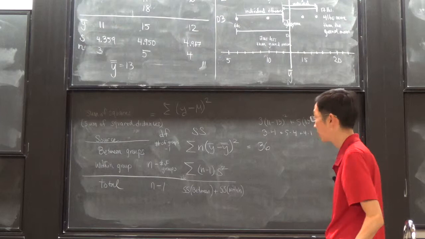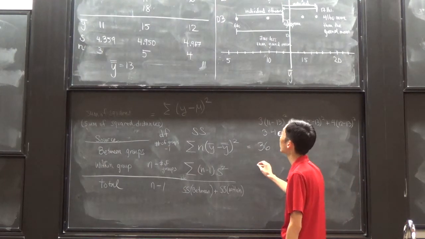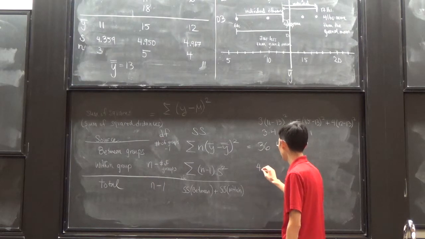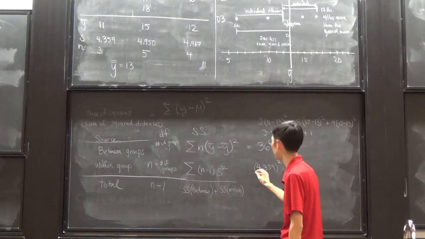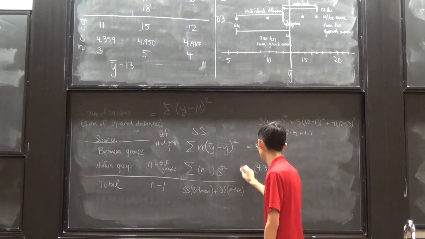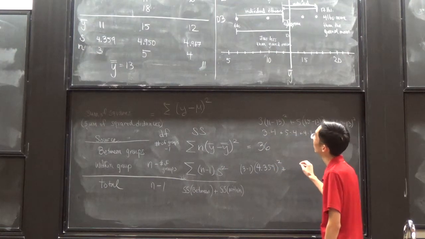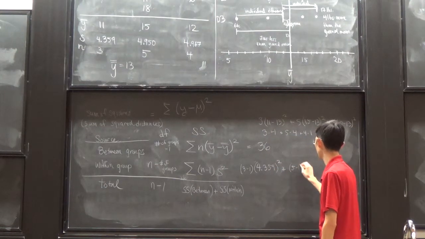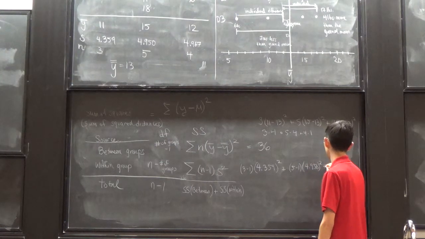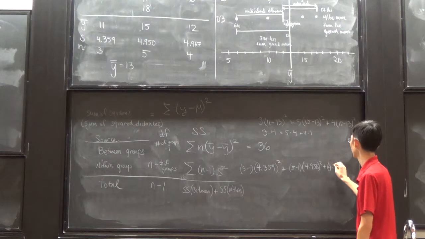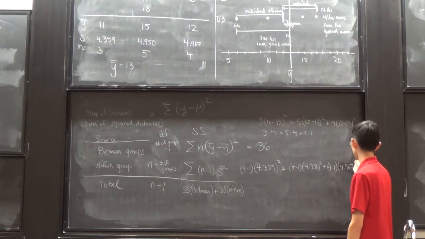And as for the within group, I would do 4.359 squared times n minus 1, plus 5 minus 1 times 4.950 squared, and 4 minus 1 times 4.967 squared.